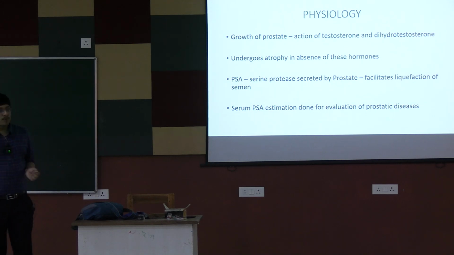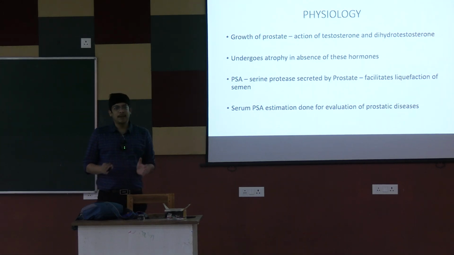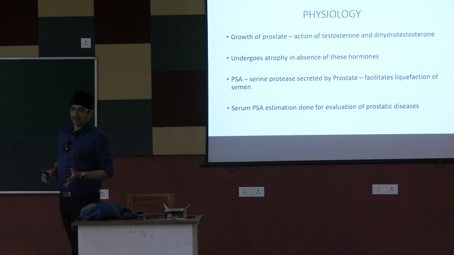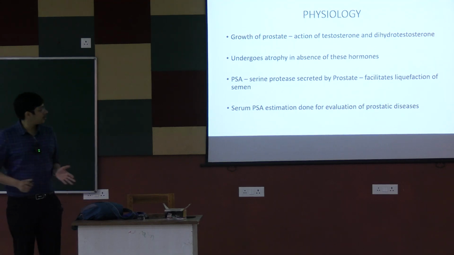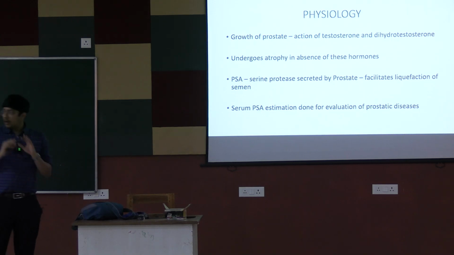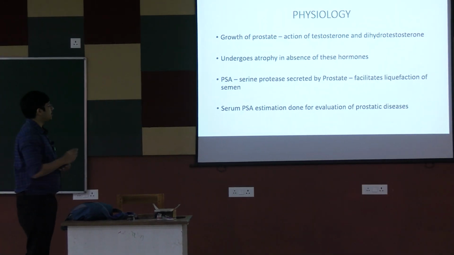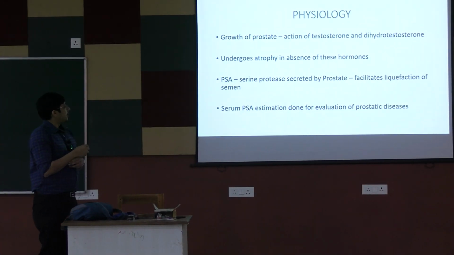So first and foremost, the most important topic that we have to deal with today is benign hyperplasia of the prostate gland, BPH, which everyone commonly calls the prostate disease. So this is actually growth of the elements of the prostate gland, usually in the transitional zone of the prostate.